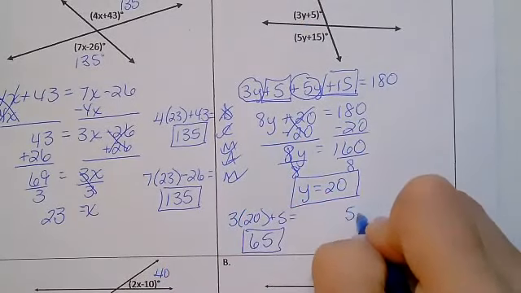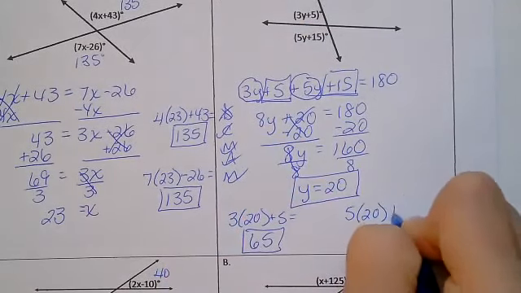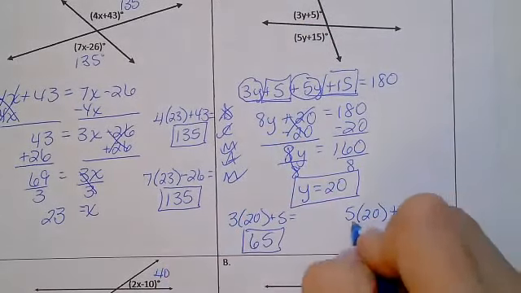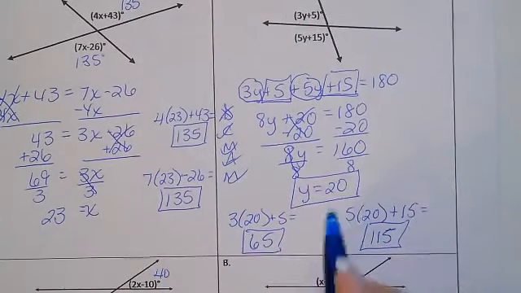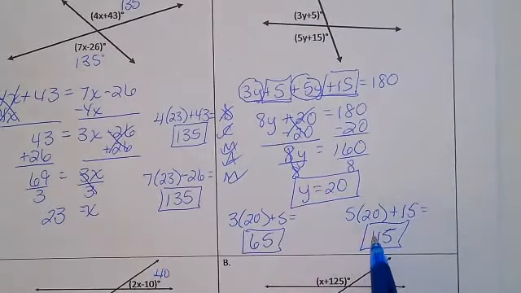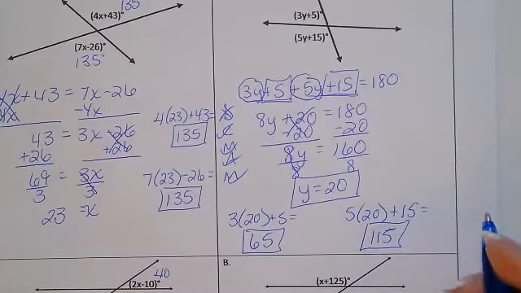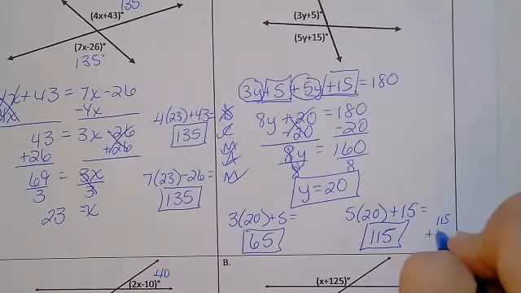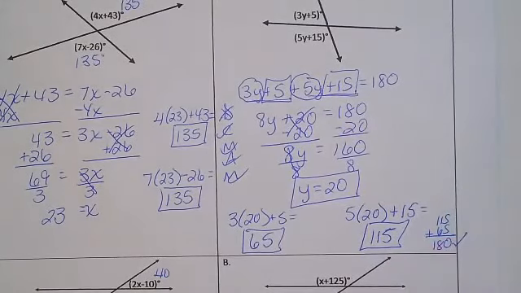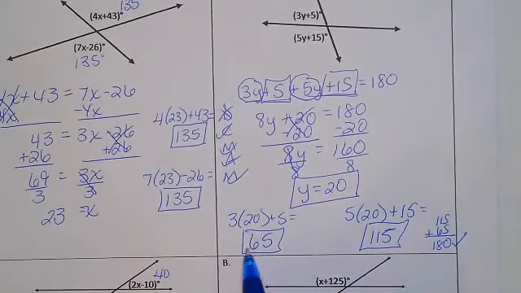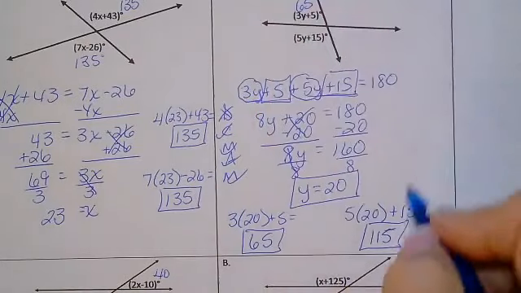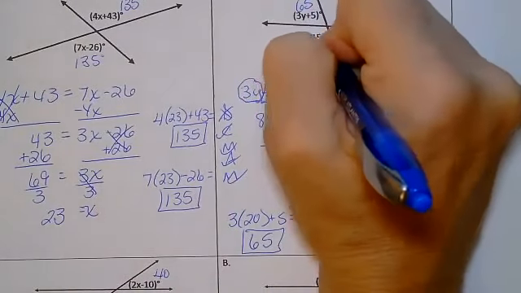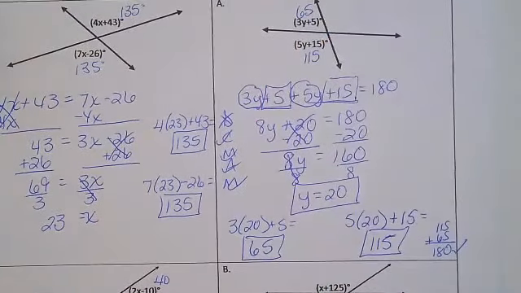Substitute it in the other one. 5 times 20 plus 15, that's 100 plus 15 is 115. Okay, 65 plus 115 is 180, so it does check. So my acute angle is 65 degrees and my obtuse is 115 degrees.